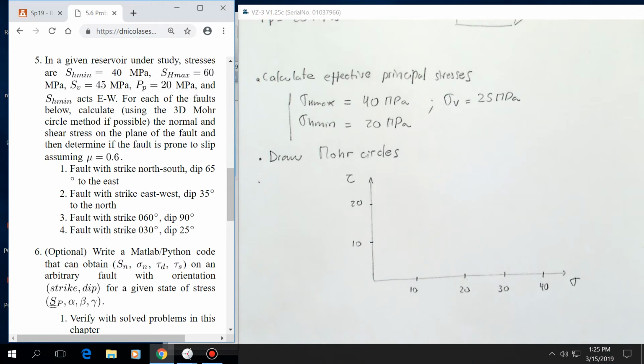So even for those faults, in all orientations, we need to calculate shear stress and normal stress acting on those faults. So sometimes when we talk about the ideal orientation of the fault, that's a particular case.